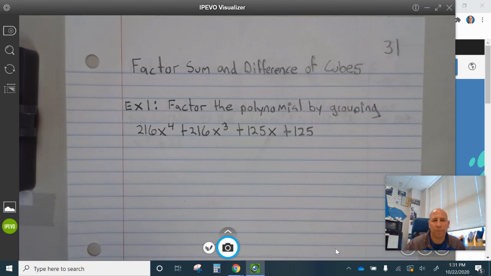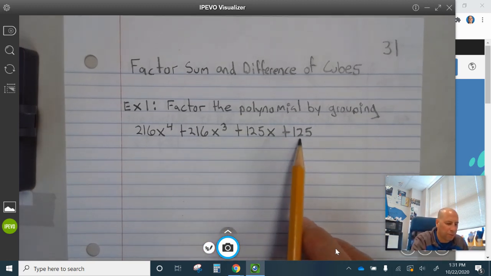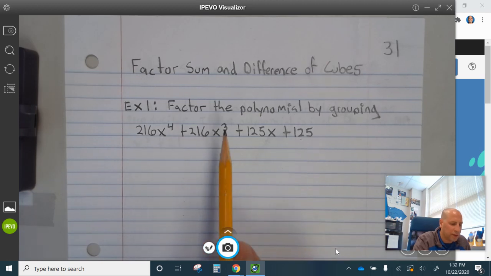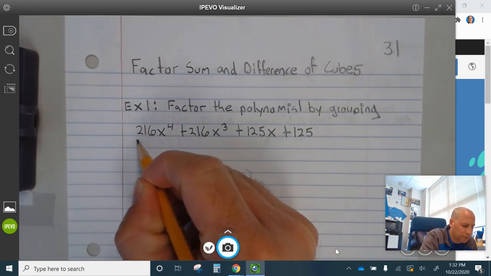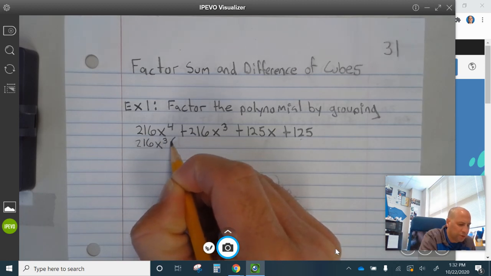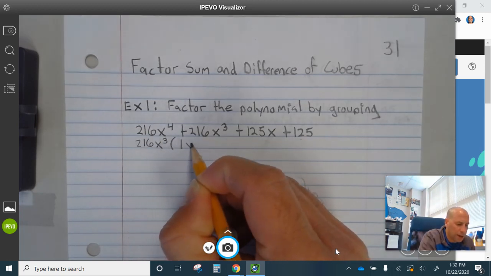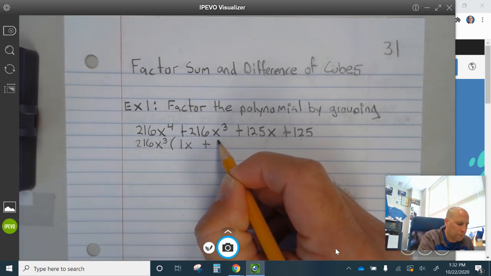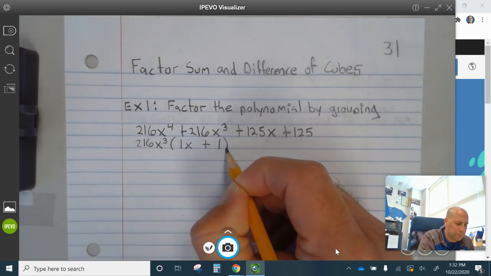Example 1, factor the polynomial by grouping. Okay, so when there's four terms, you can factor by grouping. We can factor out a 216x cubed from the first two terms, which leaves x plus 1.